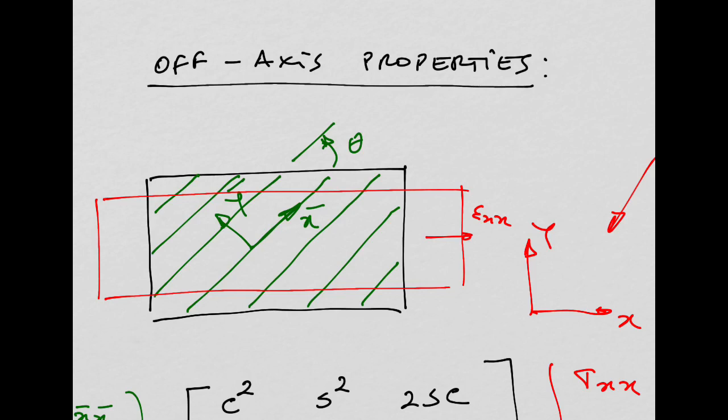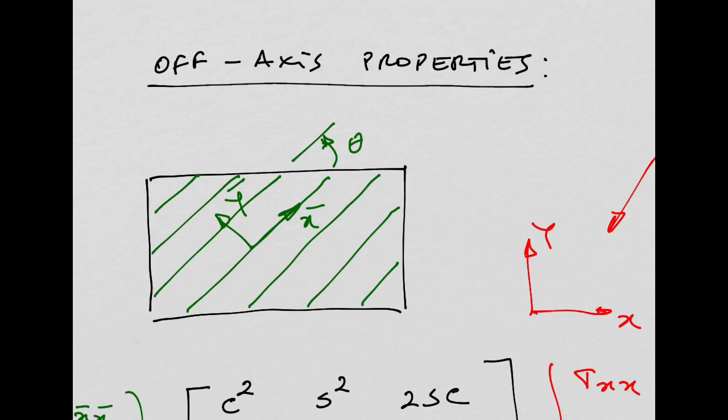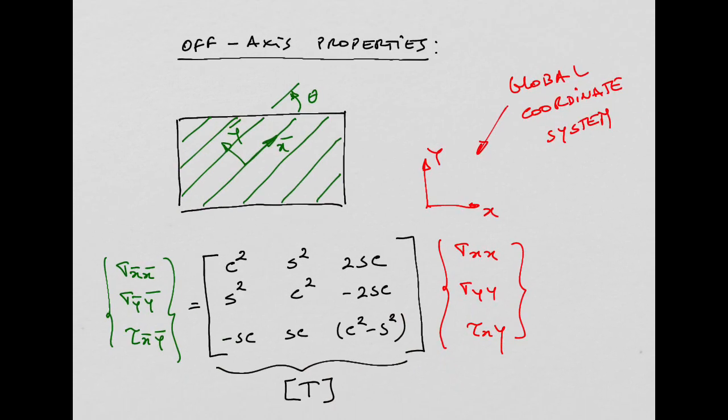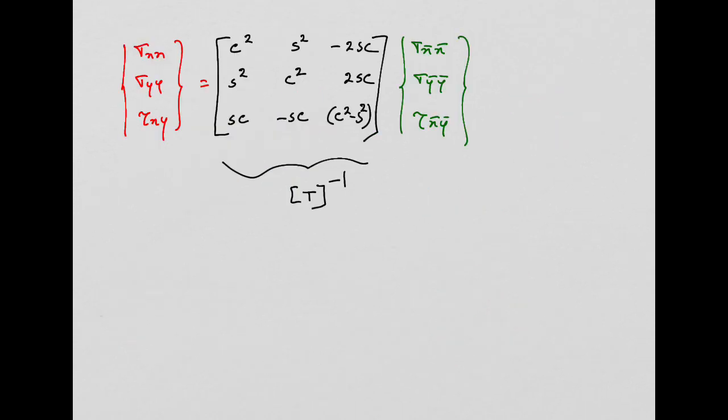So we will do that. But my point here is just for you to try to understand why we need to do these stress and strain transformations. What's the reason for it? And I give you this example. I hope.